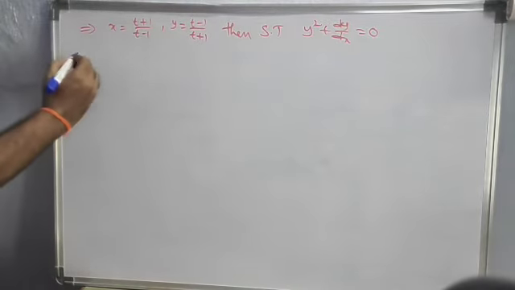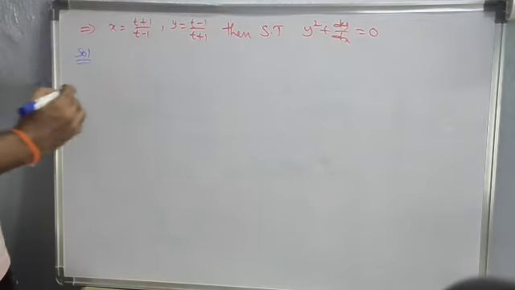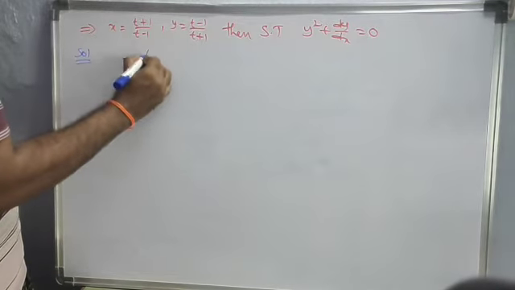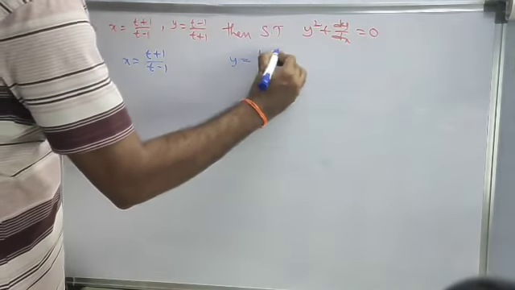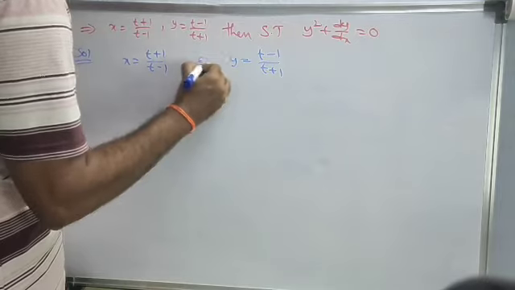So here I am doing the solution. x equals (t plus 1) by (t minus 1), y equals (t minus 1) by (t plus 1).